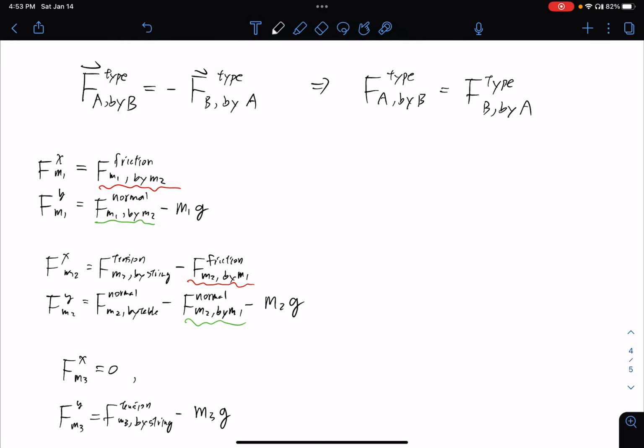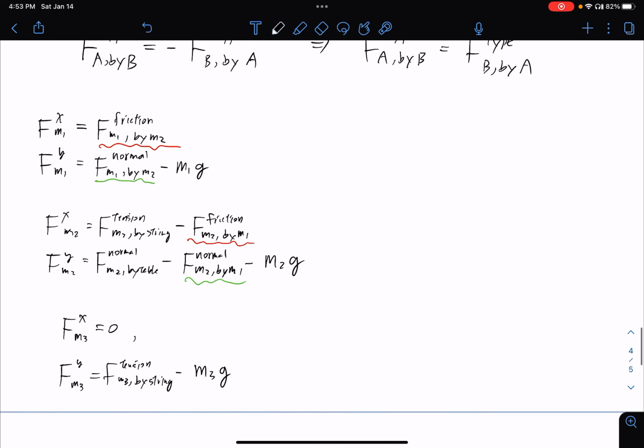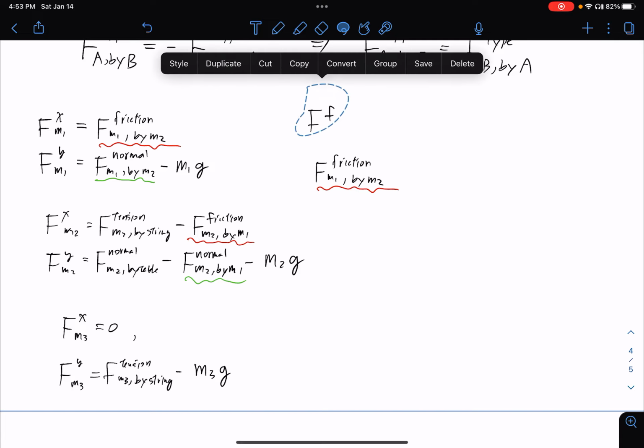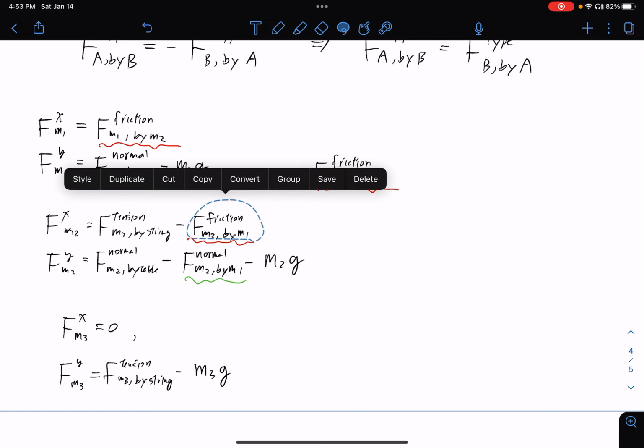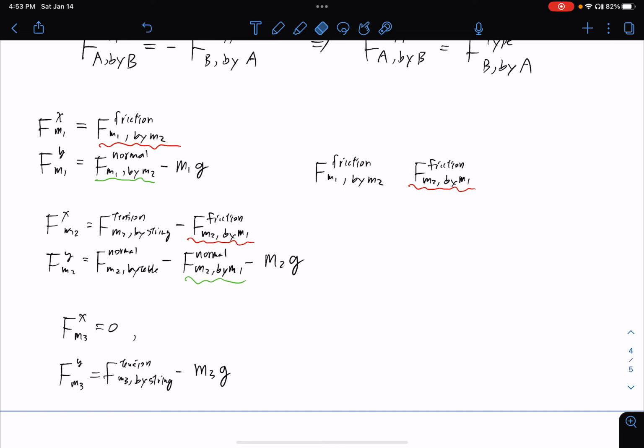So we have them, and let's use the same mathematical designation, which is the same variable. Let's call this friction just a simple small f. So this equals this, and let's just call it f.